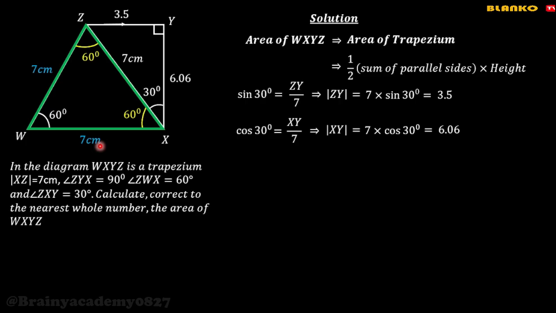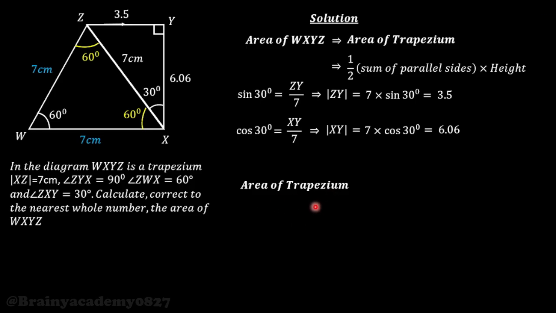Now the parallel sides, ZY and WX, have been calculated: ZY is 3.5 and WX is 7 cm. The height XY is 6.06. So we can now solve for the area of the trapezium.